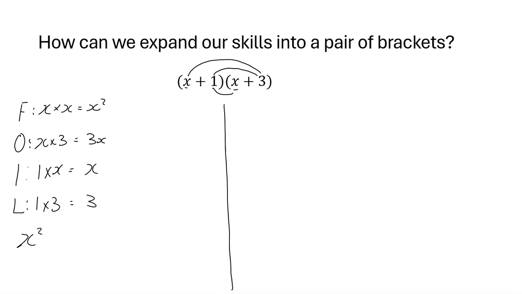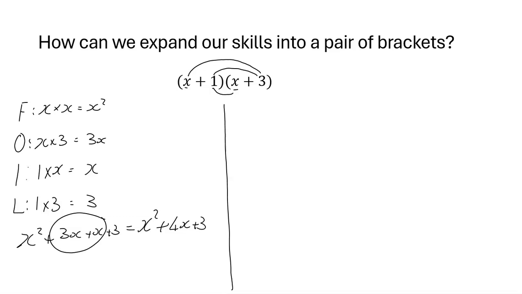There is nothing in front of each of these elements here when it comes to the O, the I, and the L. If there's nothing there, that means we're adding them. So we then get plus the 3x, plus an x, plus a 3. And what we can then do is, you'll notice that we're able to simplify that by adding the 3x and the x, so these two central elements, together to get x squared plus 4x plus 3.